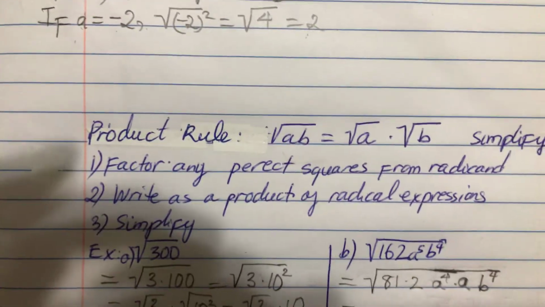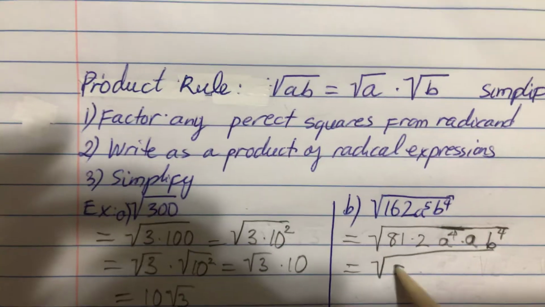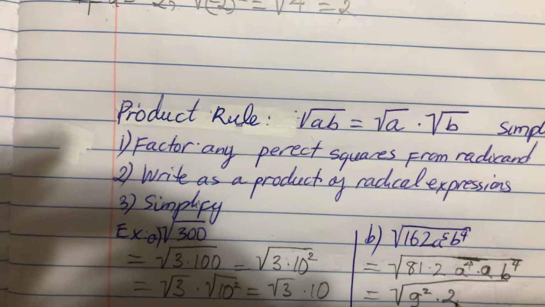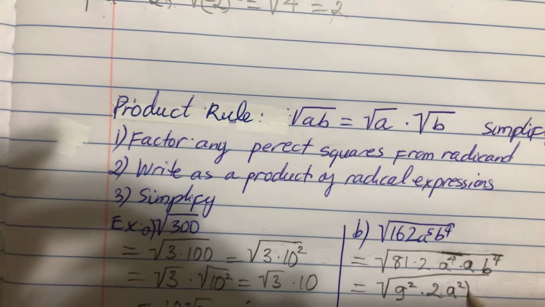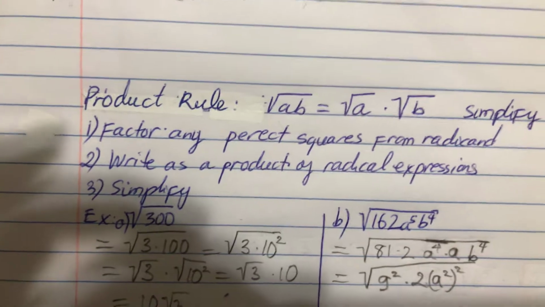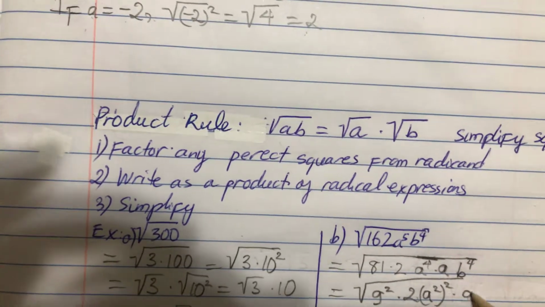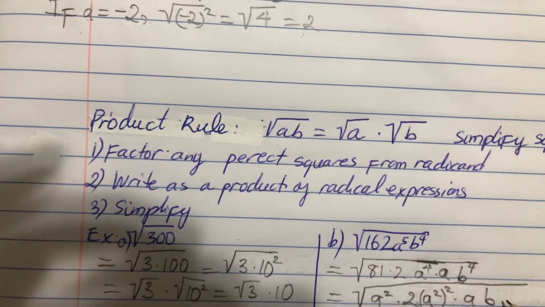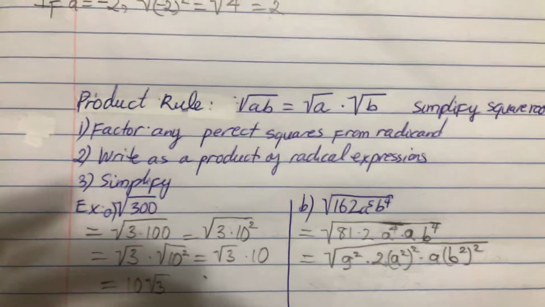Now I rewrite it as the square root of 9 squared times 2 times a squared squared times a times b squared squared. The a to the power 4 becomes a squared squared. Imagine the square root should be longer, with everything squared.